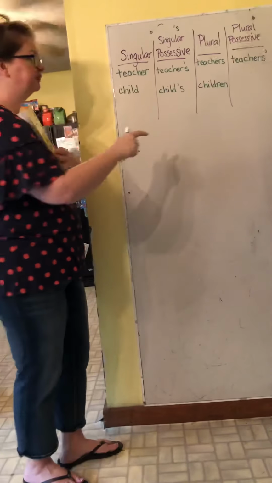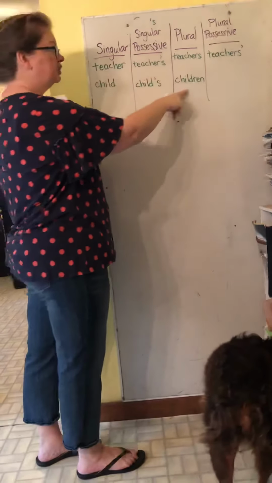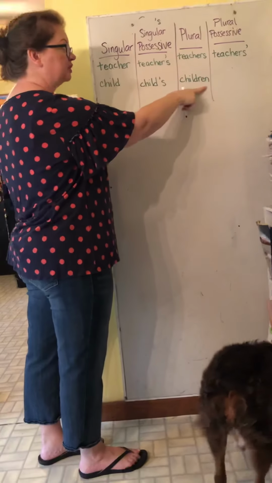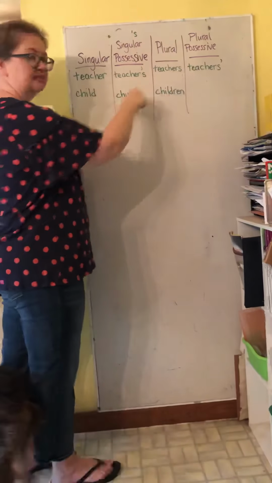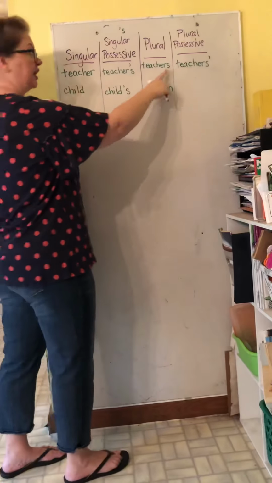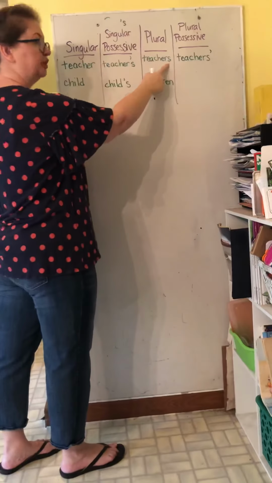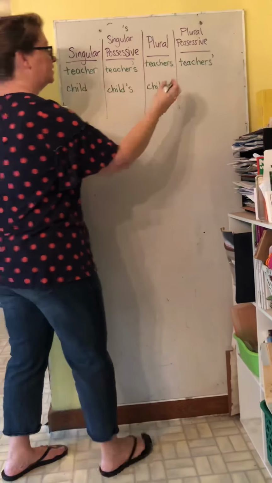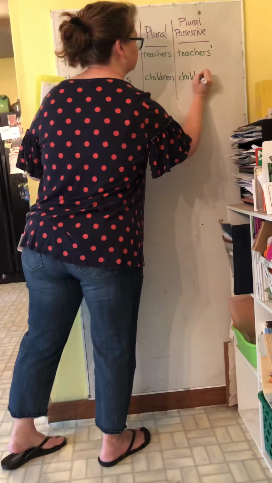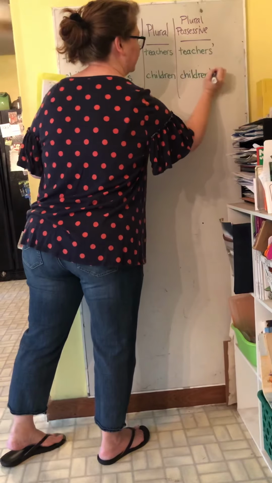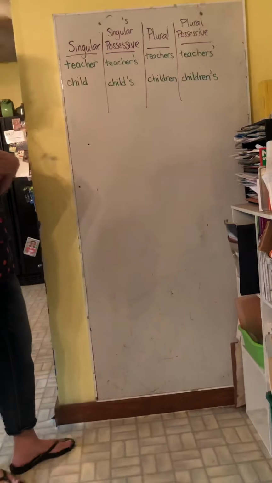Now, the plural word is children. The word children, the plural form, does not end with an S. Therefore, I'm not going to put an S and then an apostrophe. I only do that if my plural form ends with an S. So for children, I'm going to write apostrophe S, okay?